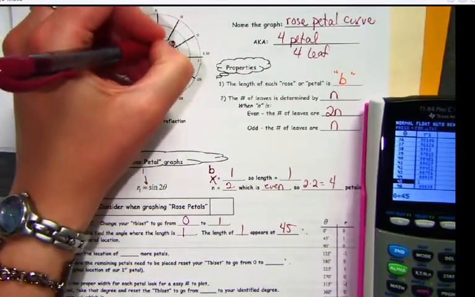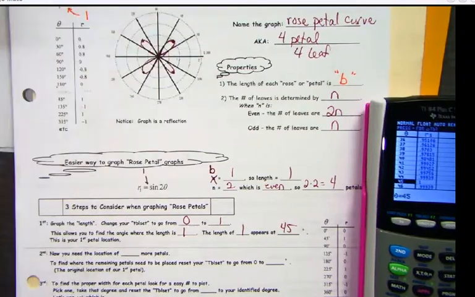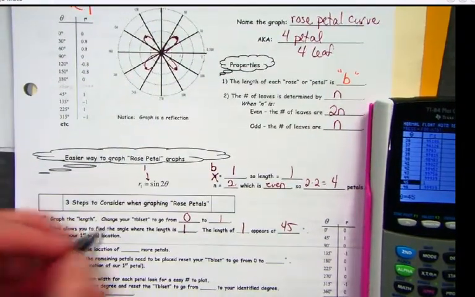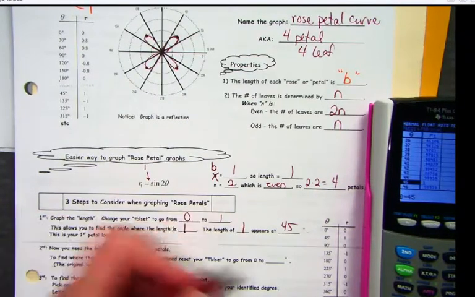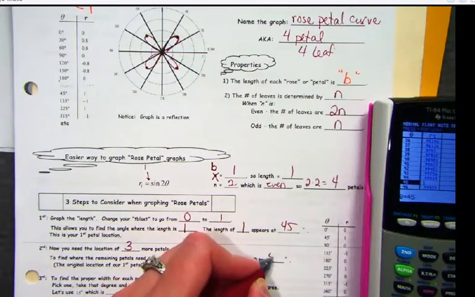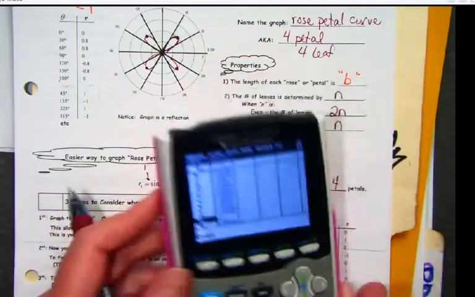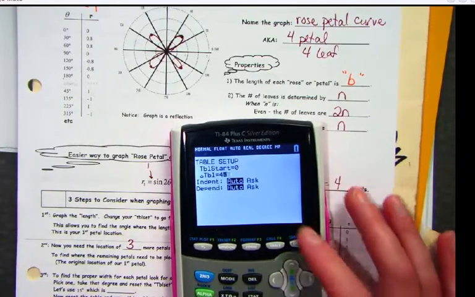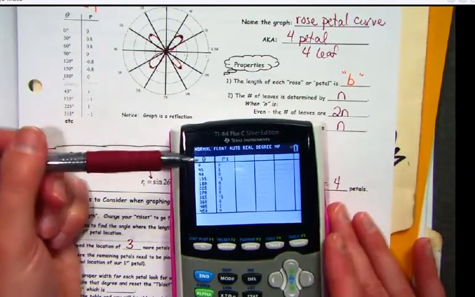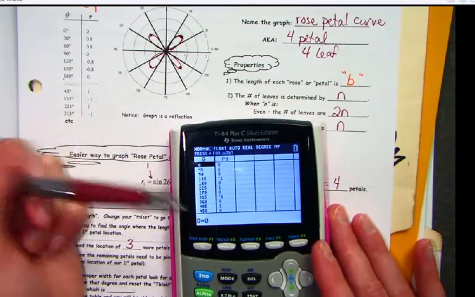My first petal is drawn. I need to find 3 more petals. So I can now change my table to go from 0 to 45 degrees, if I know that that's where my first one is. So from 0 to 45, I'll now see where all of my other petals are showing up.